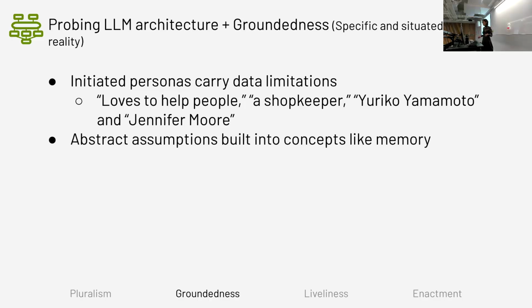But you can imagine how the model might use caricatures of how someone like Yuriko Yamamoto might act or think compared with Jennifer Moore. So remember my tree, right? When I say I'm from Iran, what about it comes to matter? And I think you see a similar thing here. The similar shortcoming that I just shared when you prompt the output of the LLMs is going to carry into these systems that we're building on top of them.